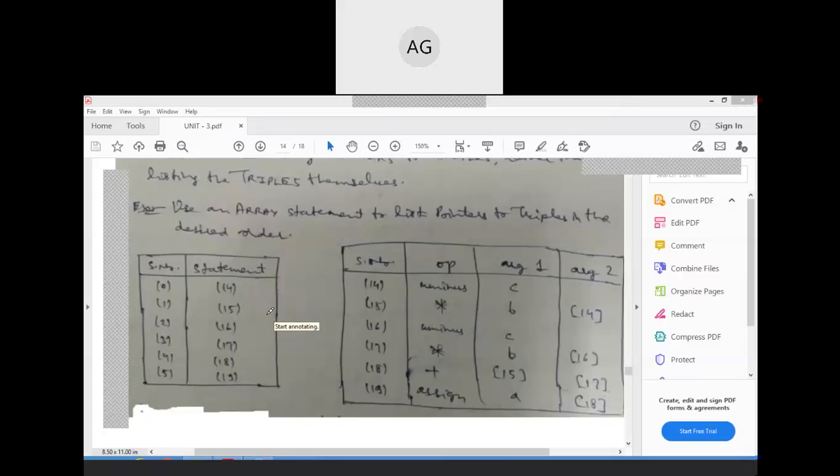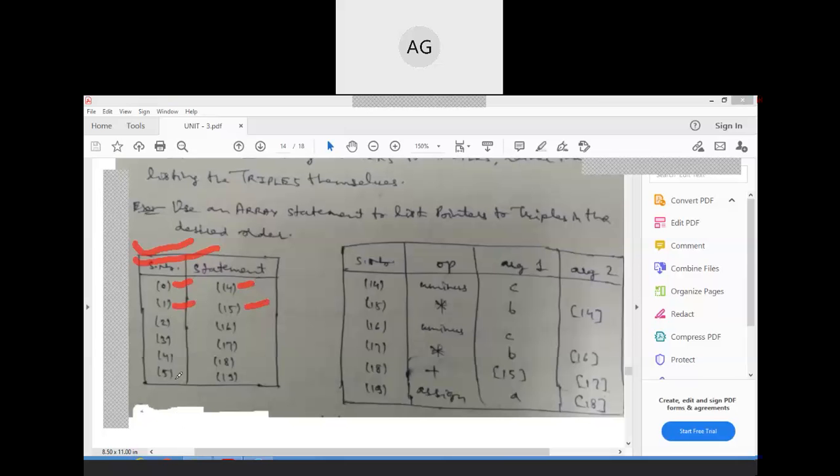The same question is given to you. First you need to write the table as per your convenience. This is the base table, which means its serial number 0 can be pointed to by the 14th statement, and statement 1 is pointed to by the 15th statement.